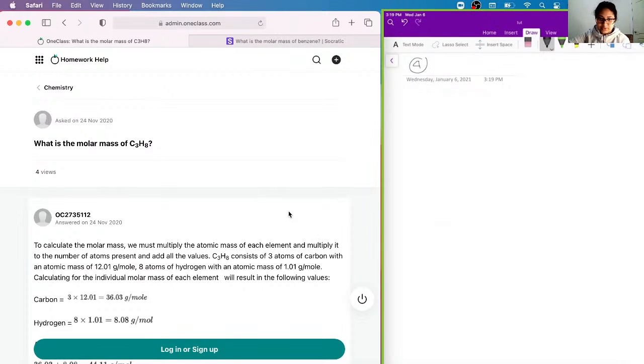Our next question says, what is the molar mass of C3H8? So this is propane.